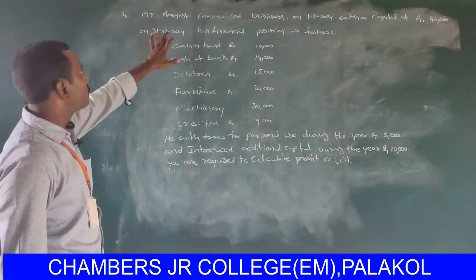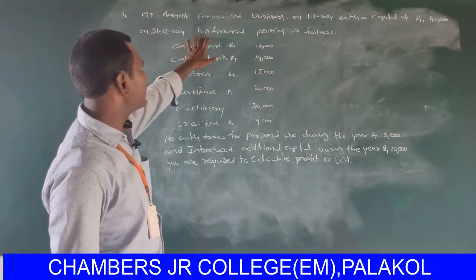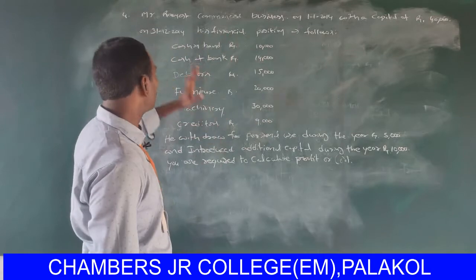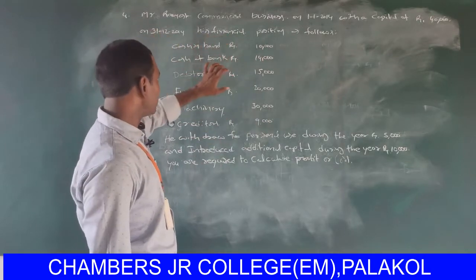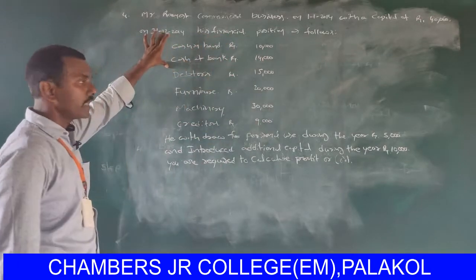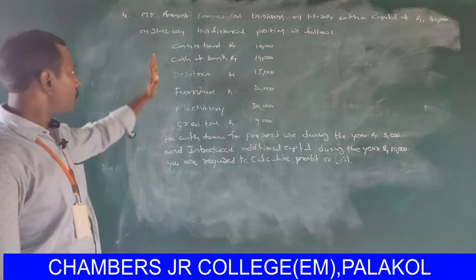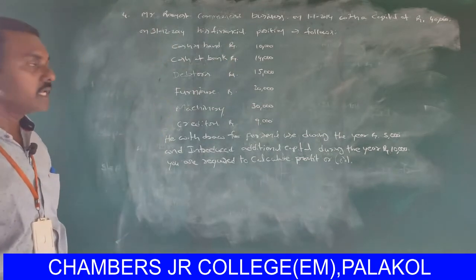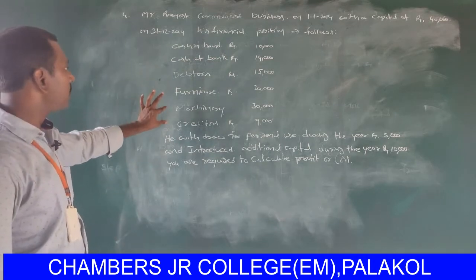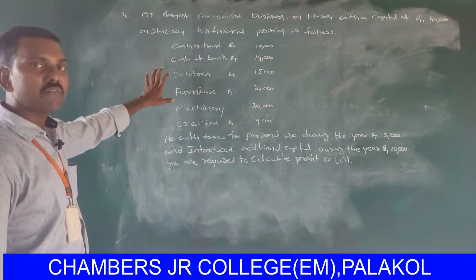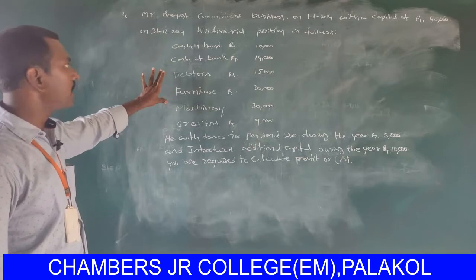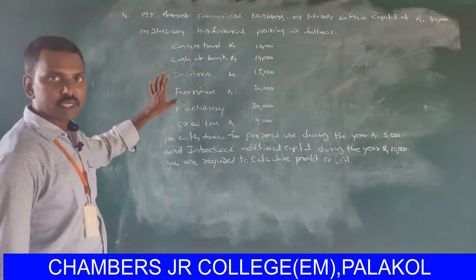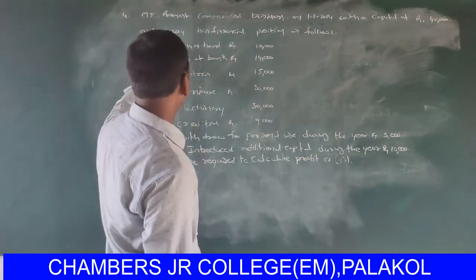On 31st 12 2014, his financial position is given as some assets and liabilities. Now we calculate the statement of affairs at the end of the year. Statement of affairs is nothing but a balance sheet.